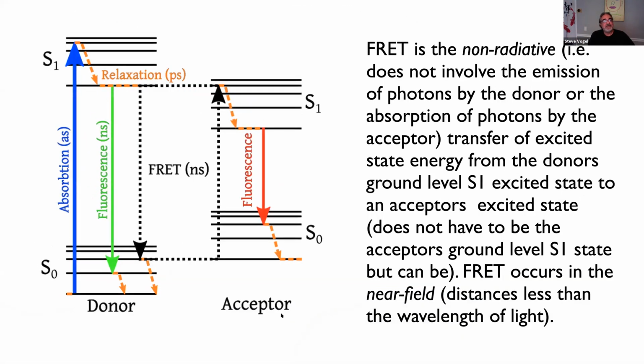Okay, FRET is a non-radiative thing. So when one of those molecules gives energy to the other, it's not because it's giving off a photon and the other molecule is catching it. It's that they're having a resonant interaction between them and the energy is being transferred.